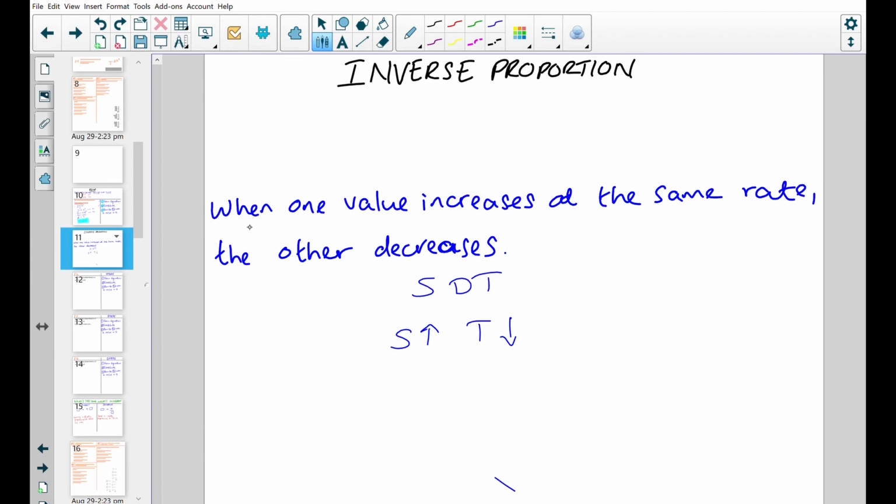Now, when one value increases at the same rate, the other decreases. So here, if speed goes up, the time it takes would of course go down. Similarly, if you reduce the speed that somebody is driving, then of course the time it takes for them to get to where they need to get to will go up.